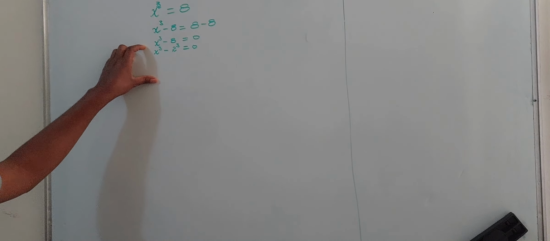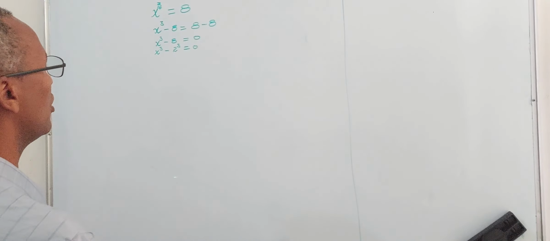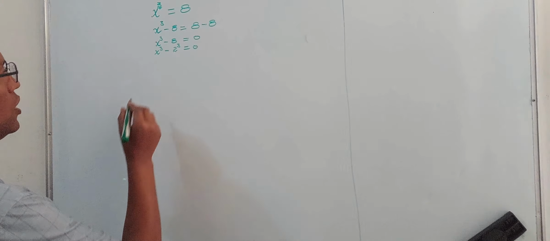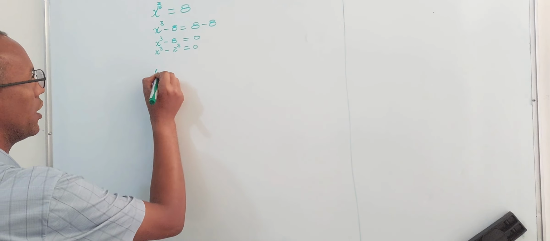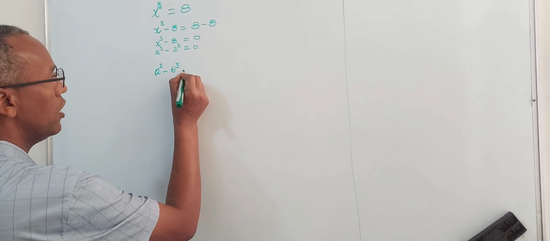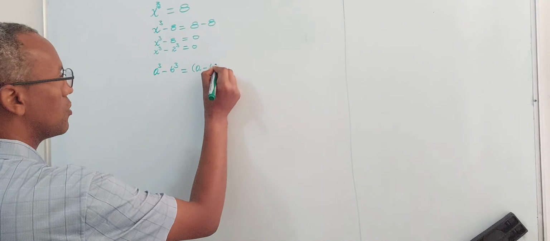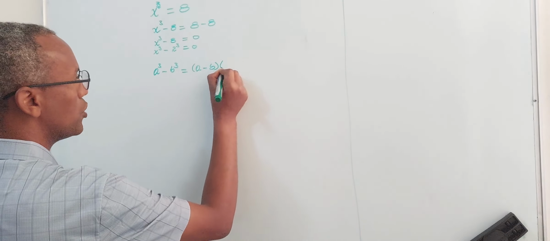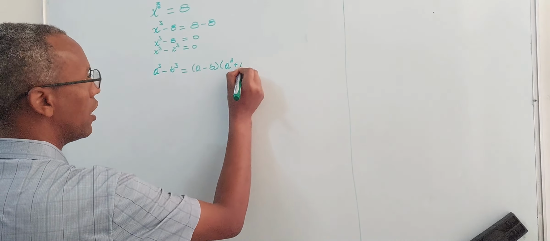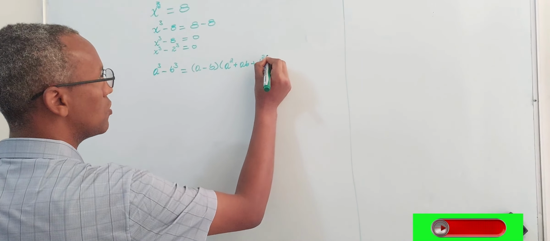Now, here is the thing, you need to apply a basic rule after this step. As you know, a to the power of 3 minus b to the power of 3 is equal to (a minus b), open the bracket, close the bracket, and then open the bracket, a squared plus ab plus b squared, right?